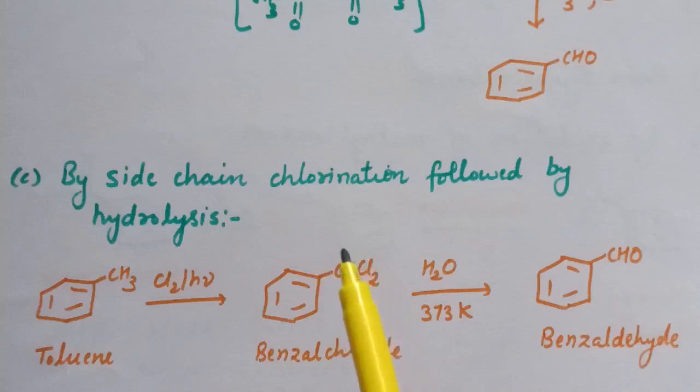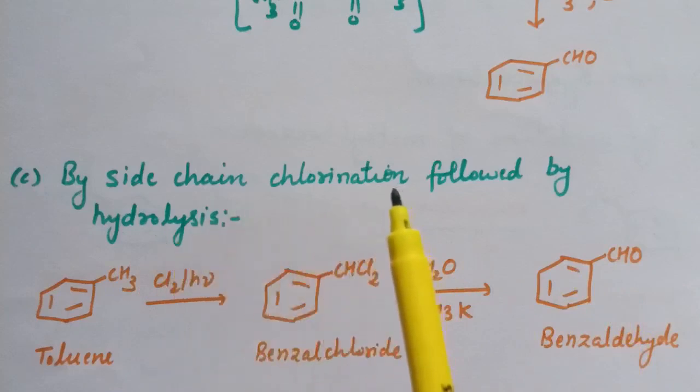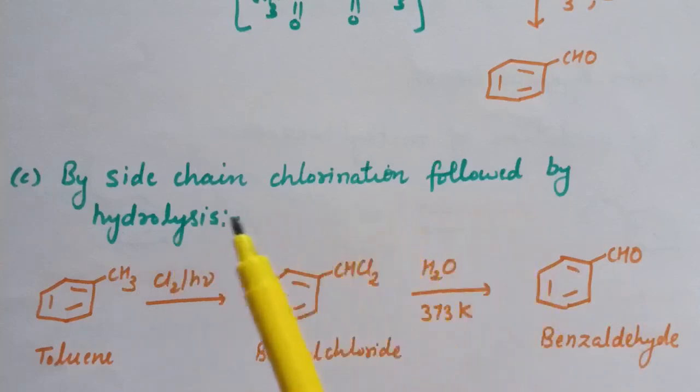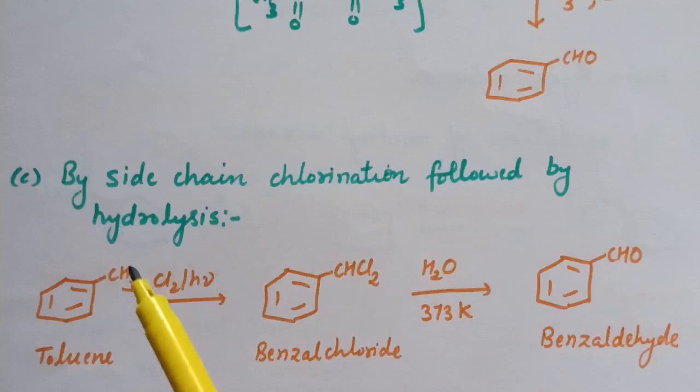Hydrolysis of this at 373 Kelvin results in the formation of CHO. So by side chain chlorination followed by hydrolysis, we can convert the CH3 group present on the benzene ring to CHO.